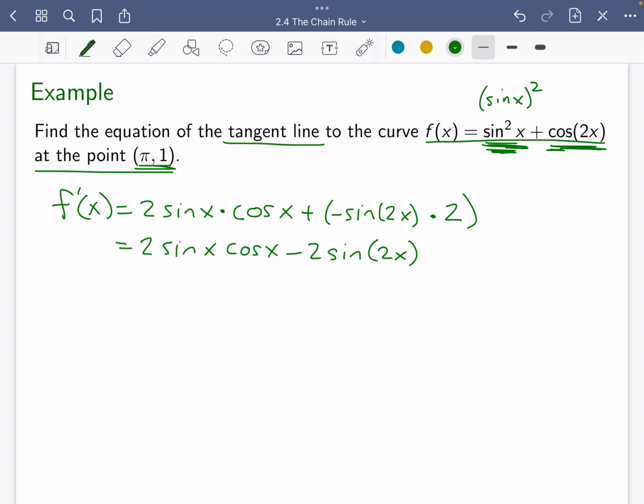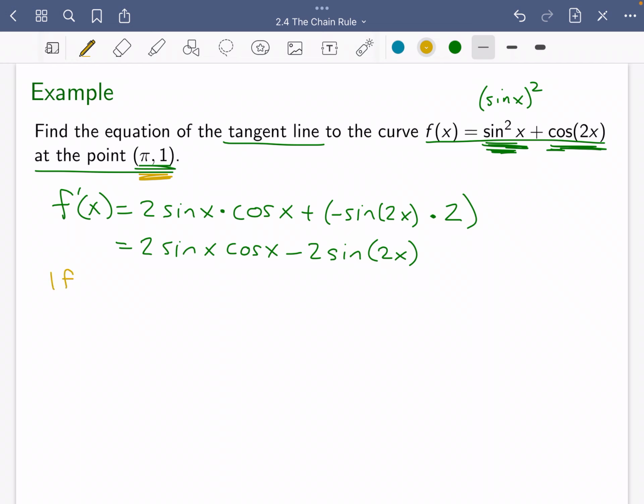That is our derivative. Now, what do we want to do with this derivative? That's not a slope at a point. That describes the slope at any particular point, but we need to think about what point we have. So our point is pi comma 1.